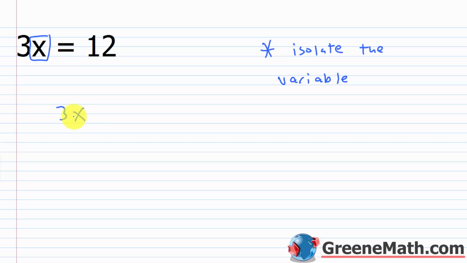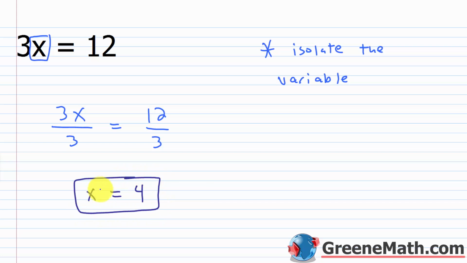So 3x divided by 3 is equal to 12 divided by 3. Now, 3 over 3 is 1, right? Any non-zero number divided by itself is 1. We already know that. Multiplying by 1 leaves a number unchanged. So essentially this becomes 1 times x, or just x, right? 1 is the multiplicative identity. So I can just write x here. I don't need 1x. This is equal to 12 divided by 3, which is just 4.